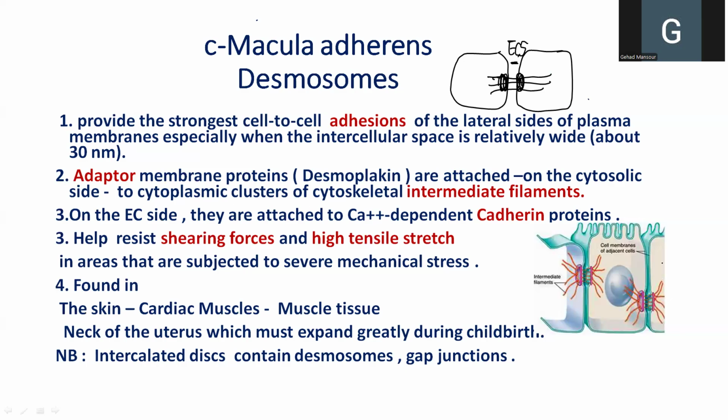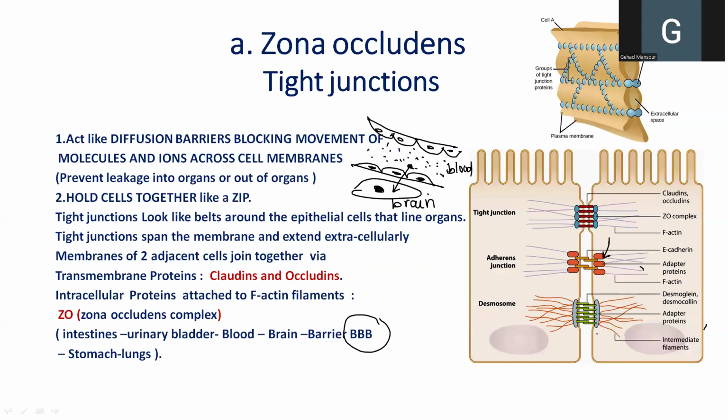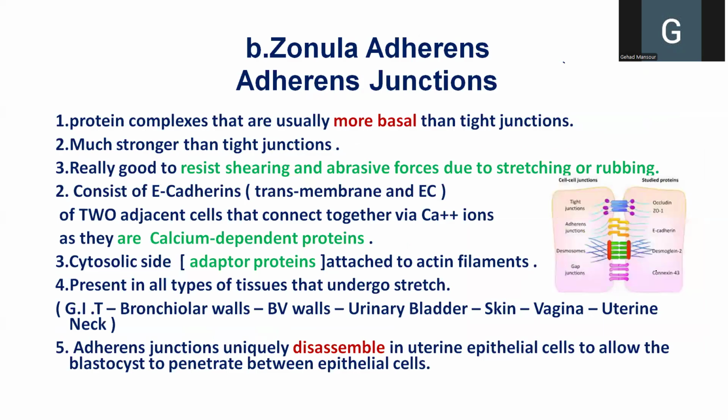And they again consist of adapter proteins that are divided into two hemidiscs, and we can see this on the first diagram. So the blue ones are the adapter proteins, and they look like two halves of a disc, and they are connected to intermediate filaments on the cytosolic side, and on the extracellular side, they are connected by desmogleins and desmocollins.